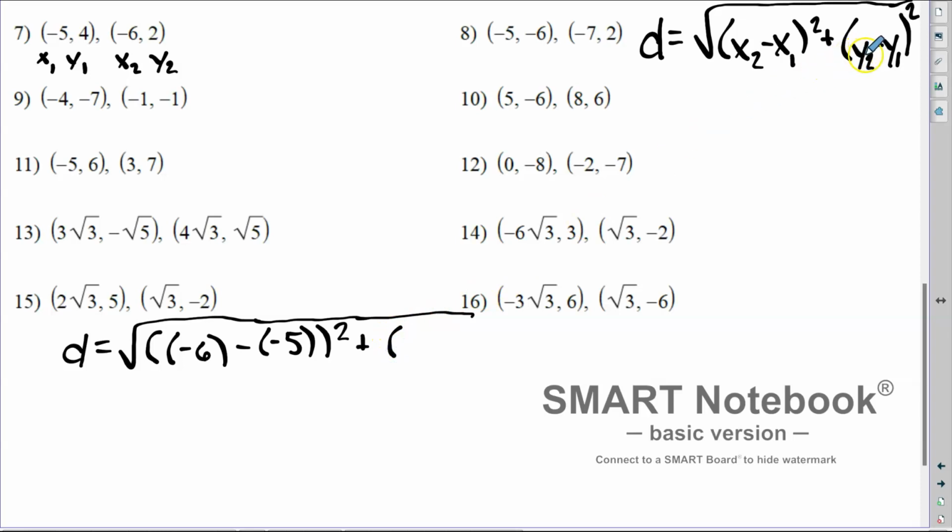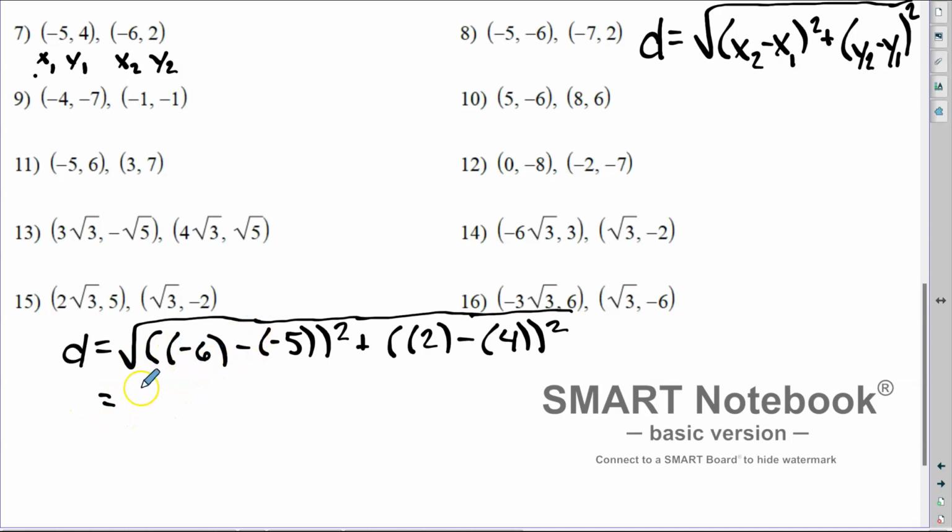Don't cheat yourself. y2 is 2 minus y1. If I didn't label stuff, I probably would have made a mistake by now. So labeling is really helping me. Now I can go ahead and do some math, right?